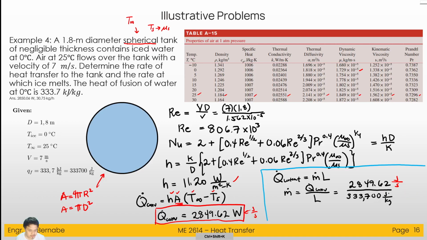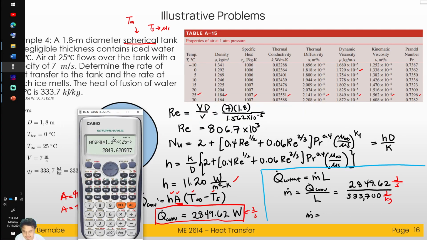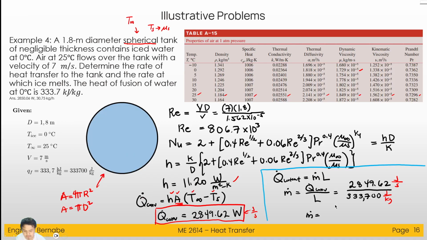Okay. I'll just write this in red, no? So joule per kilogram. So the mass flow rate in kilogram per second can be found. So answer divided by 333,700. Okay, so you have 8.539 times 10 to the negative 3 kilogram per second.